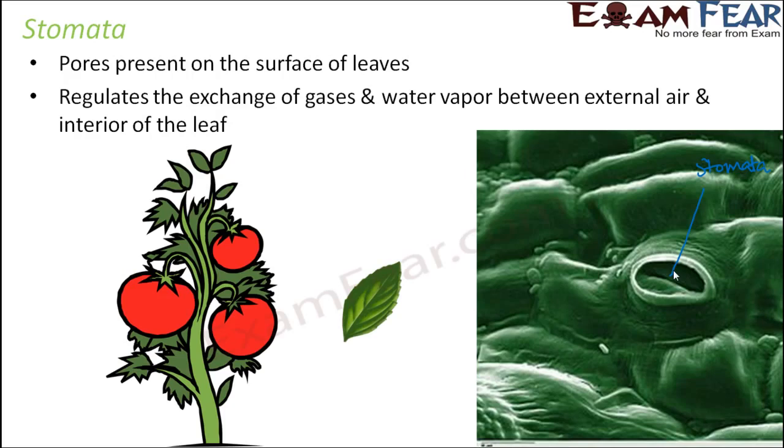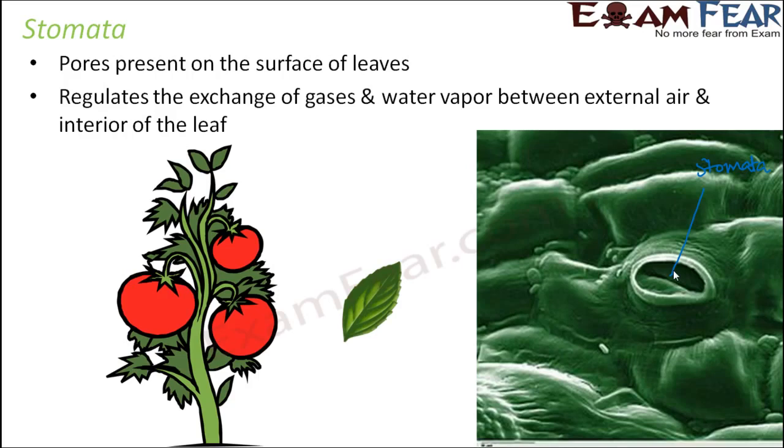So what is the purpose of stomata? They regulate the exchange of gases and water vapor between external air and interior of the leaf. So they basically act as windows. Like in our house, when we feel that inside it is too hot, what do we do? We open the windows so that some cool air can come inside. So exchange of air happens. Now again, suppose suddenly it starts raining outside, you quickly close your windows so that the water does not get into your house.